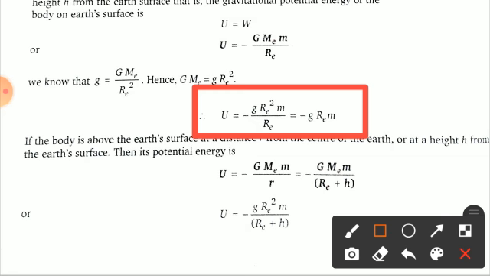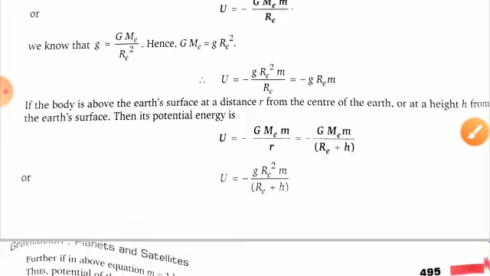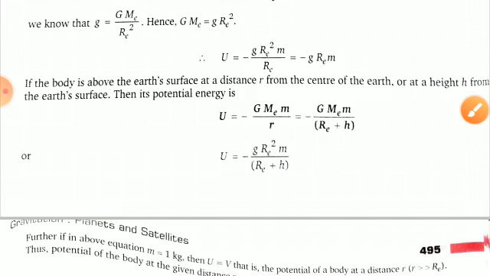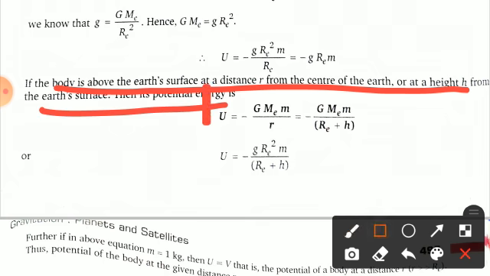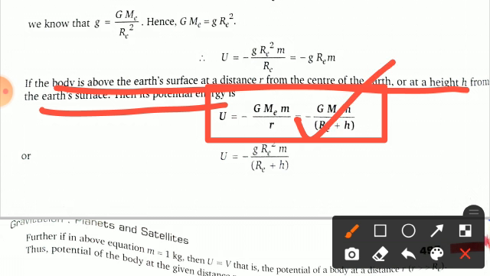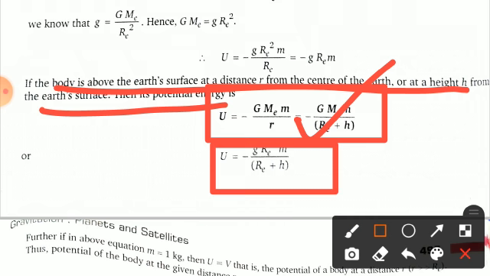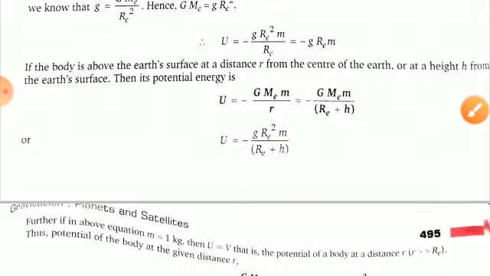If the body is above the earth's surface, at a distance small r from the center of the earth or at a height small h from the earth's surface, then its potential energy comes out to be U equals minus G M_e m by r. If you consider it above the earth's surface, in that case the radius is added up with the height, clear? Or you can also write this potential energy in terms of the acceleration due to gravity. I hope it is clear.